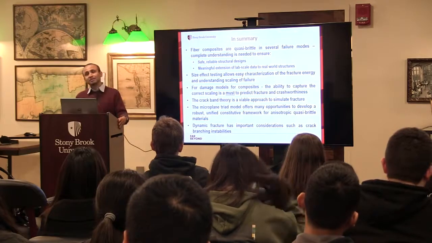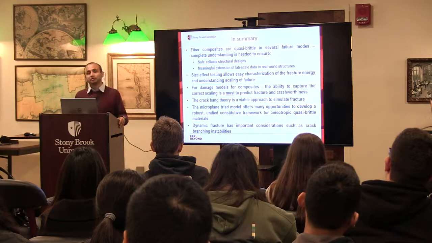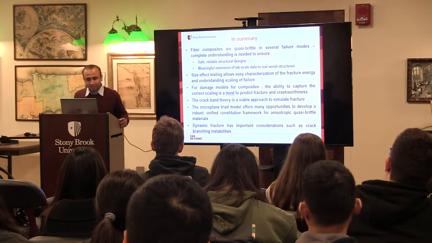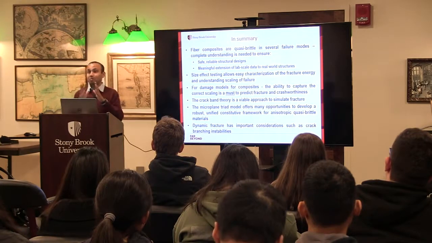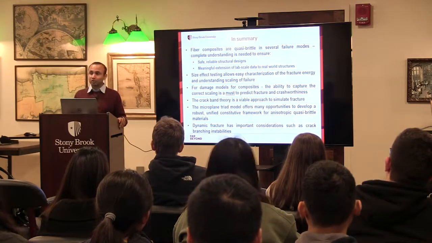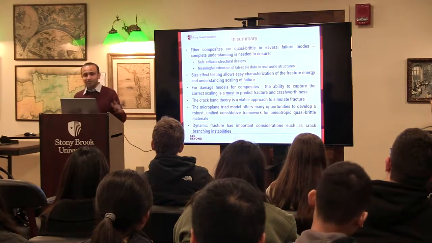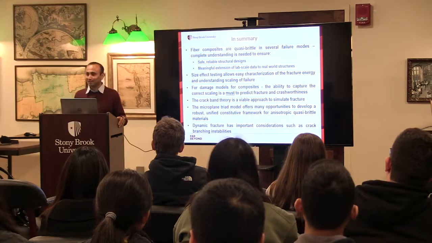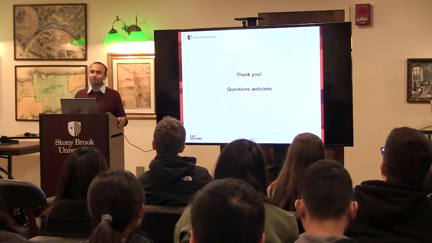So we have this multiscale microplane model which seeks to capture all these different failure modes, and we are now using it to study dynamic fracture, which has important considerations. Branching is very important to understand. So that's the summary of my talk. I think I finished it early, but that's great. If you have any questions, thank you for listening.